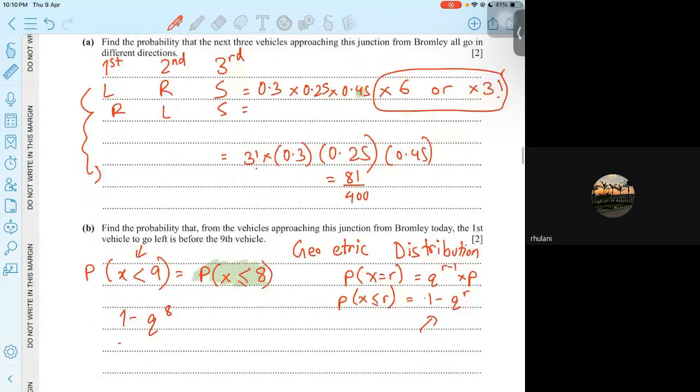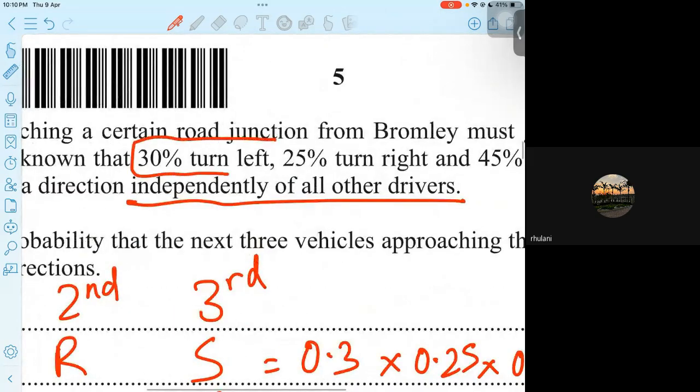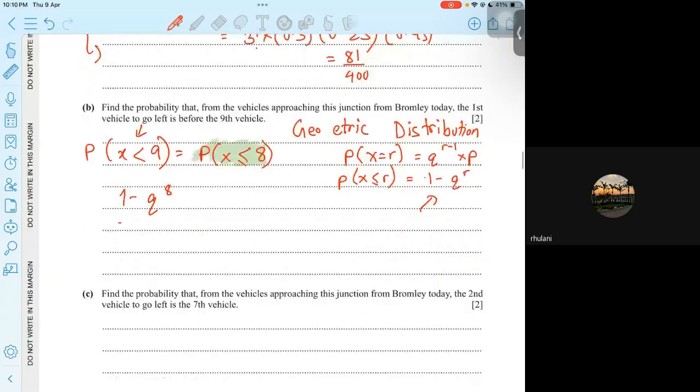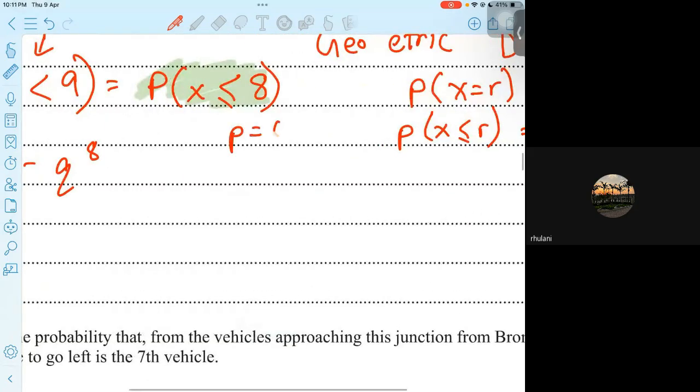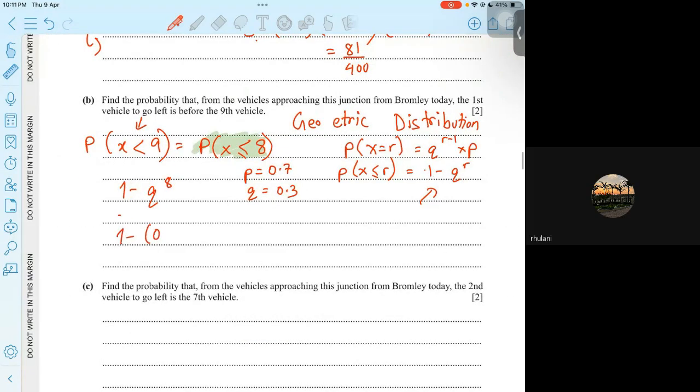Now, if success was 30% for left, that means failure has to be 70%, right? So P is 0.7, that makes q 0.3.